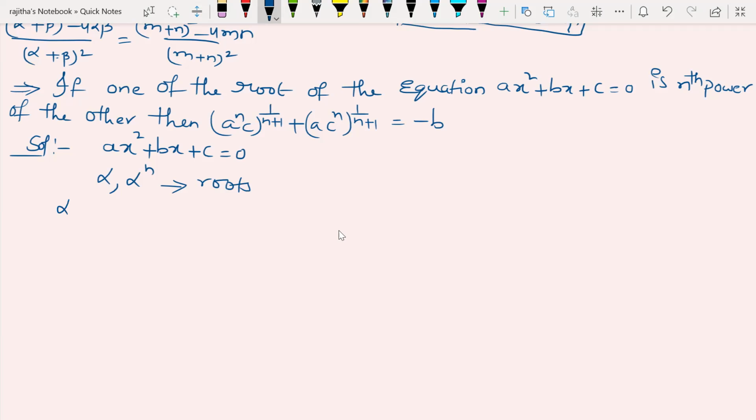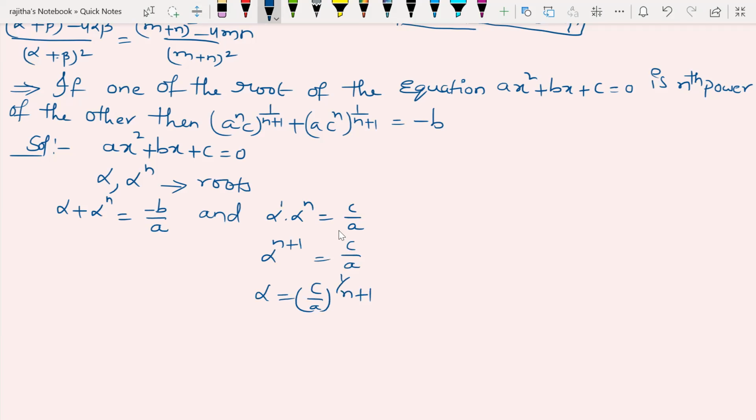Here the sum of the roots, alpha plus alpha power n, is equal to minus b by a. And the product of the roots, alpha into alpha power n, is equal to c by a. So your bases are equal, powers should be added: alpha power n plus 1 is equal to c by a. Alpha is equal to (c by a) whole power 1 by (n plus 1). Here is equation 1. We have to assume, substituting alpha in equation 1.